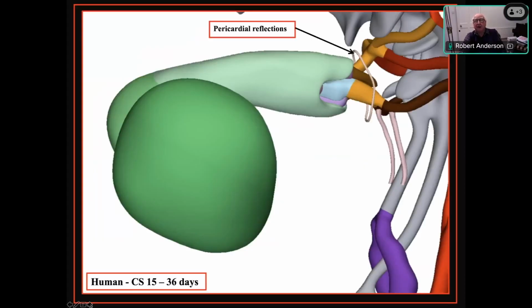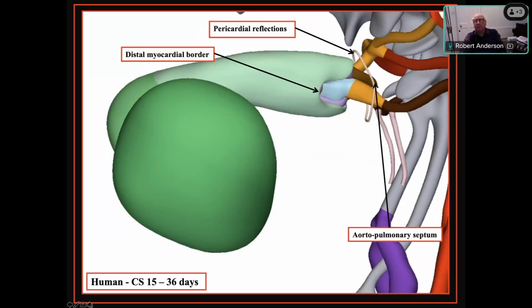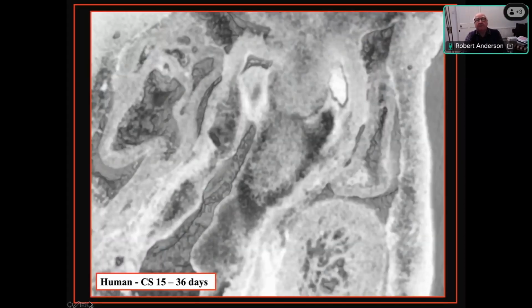The light green area again is showing you the myocardium of the outflow tract, and just as on the right side, there has been fish mouth regression of the distal myocardial border on the left side, and that is giving us the wall of the intrapericardial pulmonary trunk. And now, as we look at it from the other side, we can see how the aortopulmonary septum is separating what is going to become the pulmonary trunk from the intrapericardial aorta.